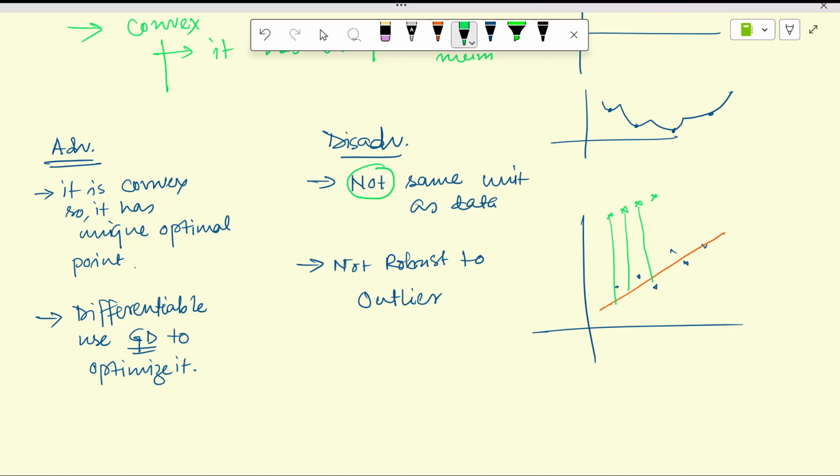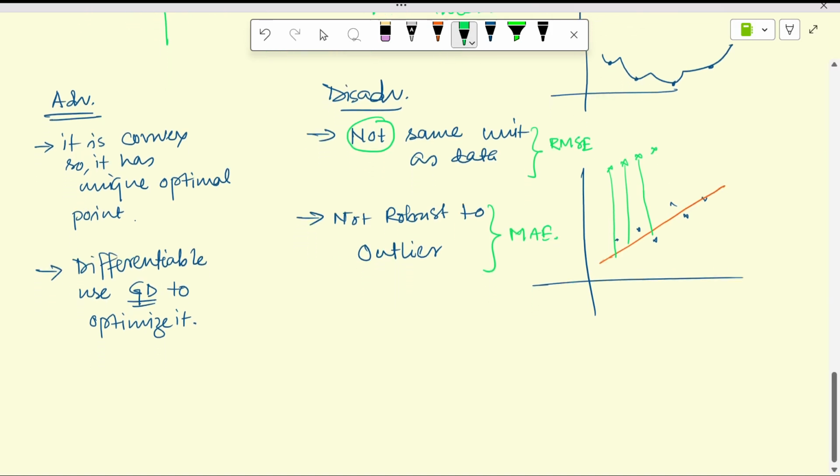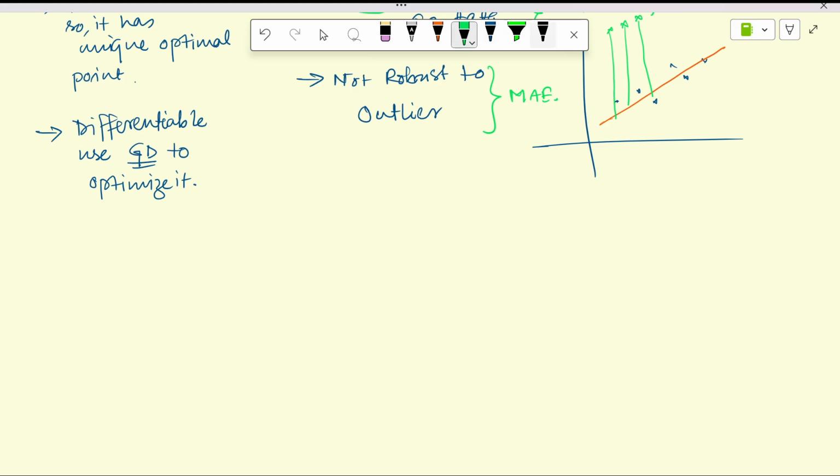Now, to overcome these two types of disadvantage, we use RMSE to overcome the first, and MAE to overcome the second. How? Let's go to the formulas for RMSE and MAE. RMSE means root mean square error.